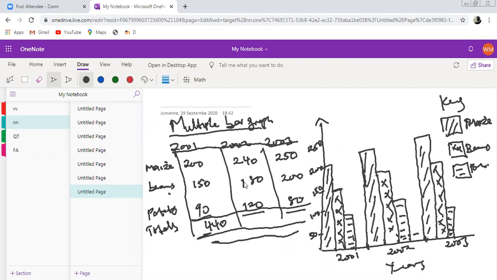The other for 2002, the total production, 240, 180, 120. 540. For 2003, can you add 250, 200, 80? 530. Thank you.